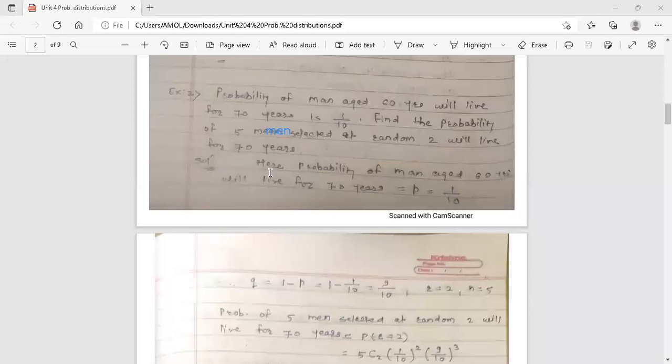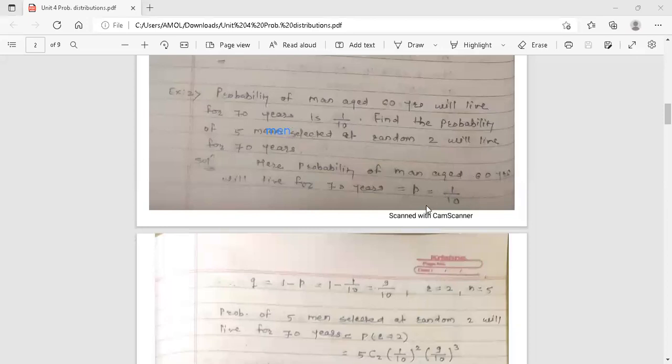So there the standard probability is 1 by 2. It was not given, but we can easily find it. But here in this example, the standard probability is already given.